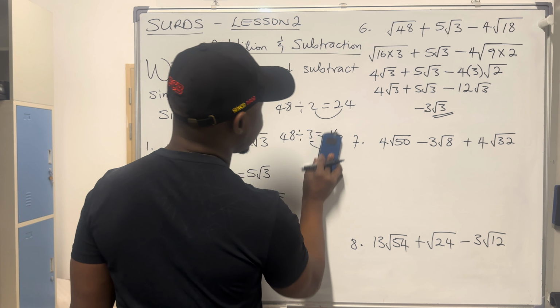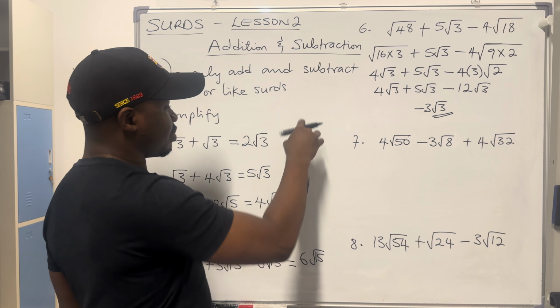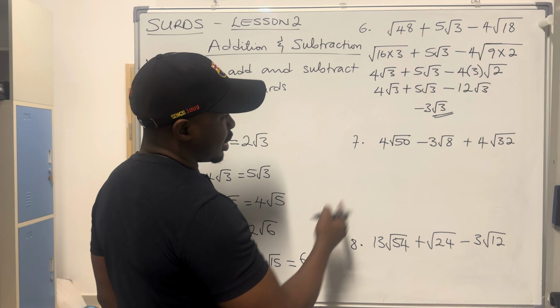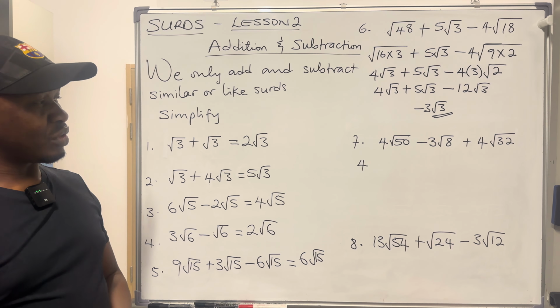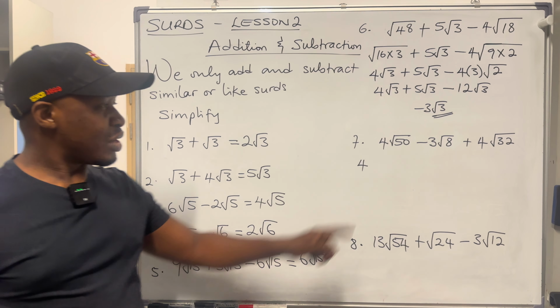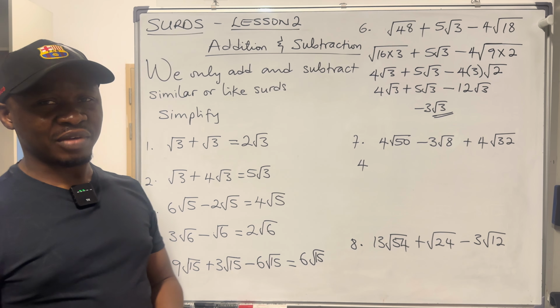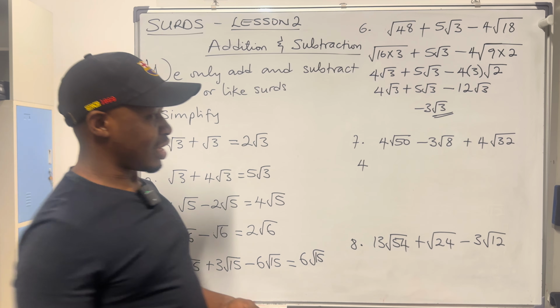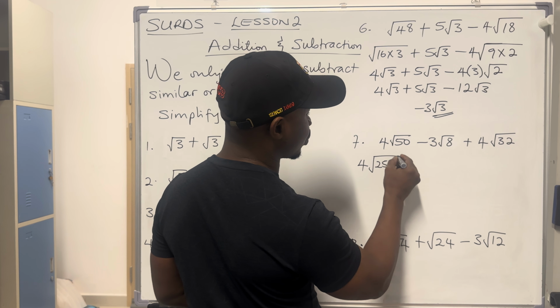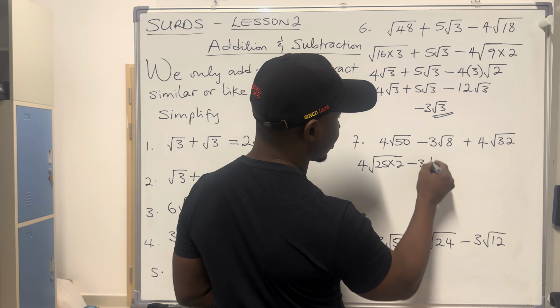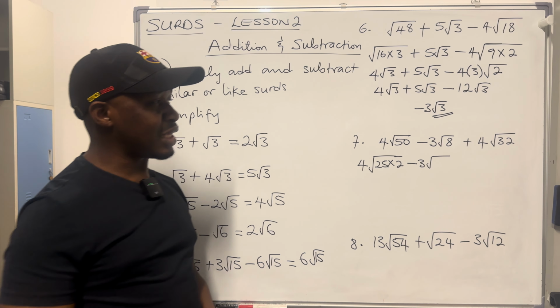Okay, now let's come to the seventh example. Here is 4 root 50. The first number we try is 2. 50 divided by 2 is 25. 25 is a perfect square, so we say 25 times 2. How about 8?